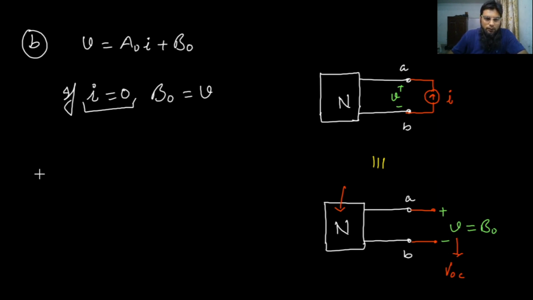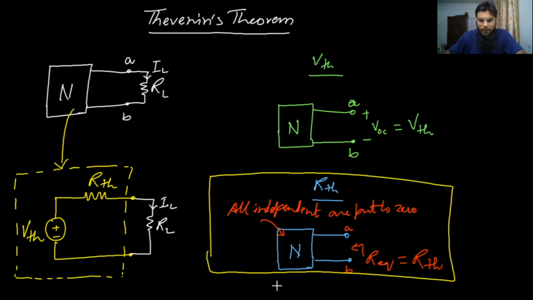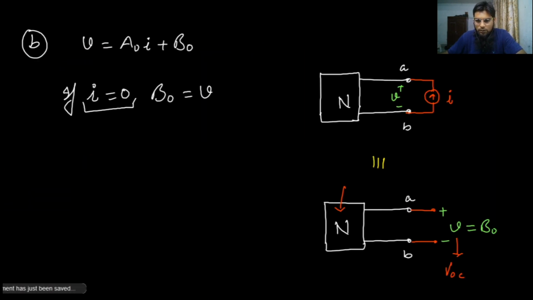Now if we analyze Thevenin's voltage, what is this VTH? It is the open circuit voltage across the terminal AB. Whatever load you have across the terminal AB, we just need to remove this load and find the voltage across the terminal AB, which will be the open circuit voltage. Here also we are getting the same thing, the open circuit voltage.